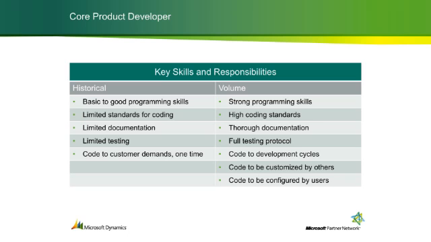And we need to look at the type of skills here. Typically, the programming skills are stronger or greater in the core product development environment. You need to have very specialized skills and very sharp skills because we need to work well in a team and we need to work fast.